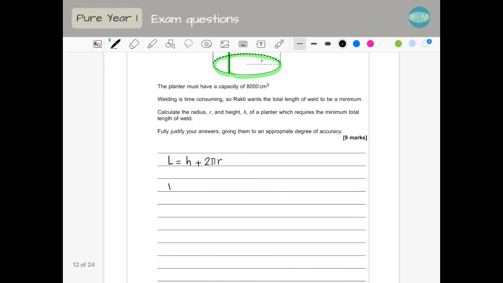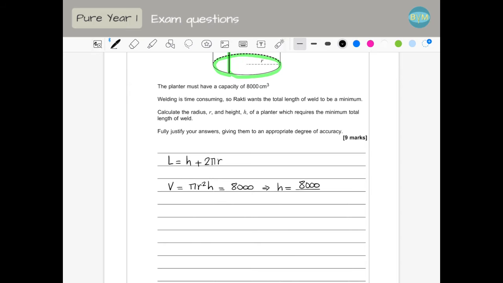So I'm going to use the formula for the volume of a cylinder, which is the area of the base, pi r squared, times the height. This is going to be equal to 8,000. From here, I can make h the subject and substitute, or make r the subject and substitute. It doesn't matter. I think it's easier, as r is squared, to make h the subject, but you will get the same answer either way.